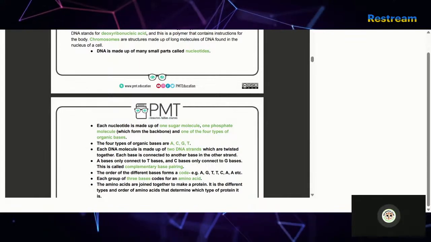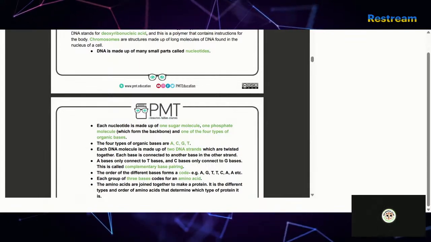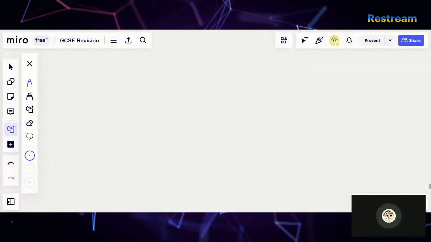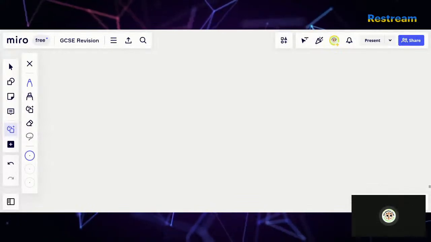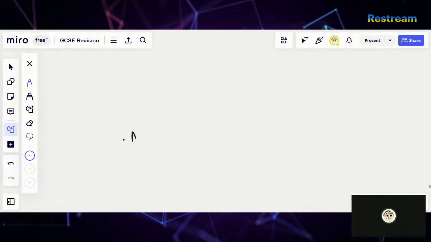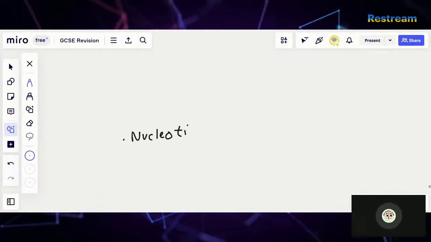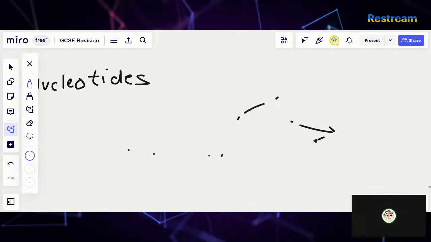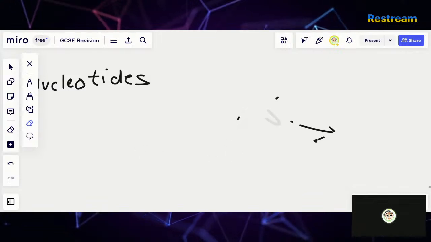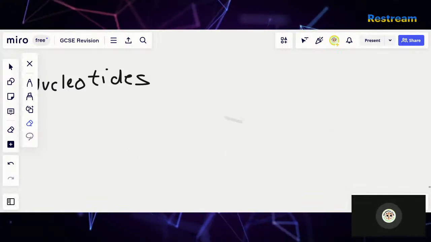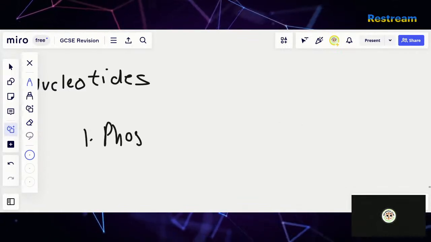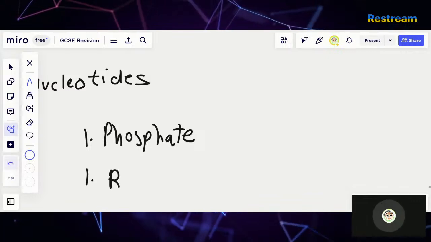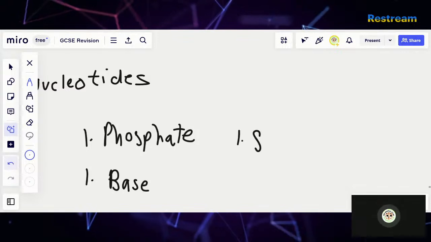So let's just go through that in more detail now. So DNA strands, these polymers, are made up of small units, which we like to call nucleotides. These nucleotides contain three things: one phosphate molecule, one base, and one sugar molecule.